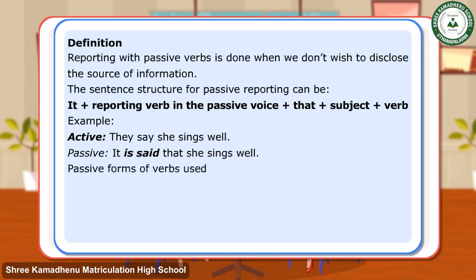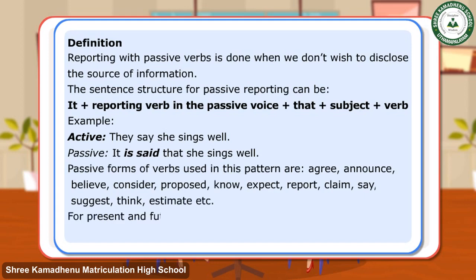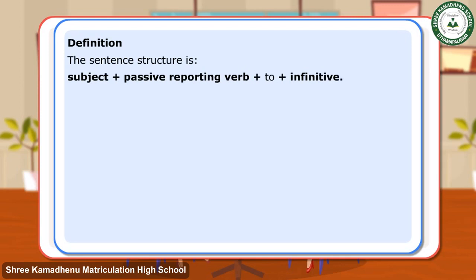Passive forms of verbs used in this pattern are agree, announce, believe, consider, propose, know, expect, report, claim, say, suggest, think, estimate, etc. For present and future, use the to infinitive: to be, to have, to dance. The sentence structure is subject plus passive reporting verb plus to plus infinitive.